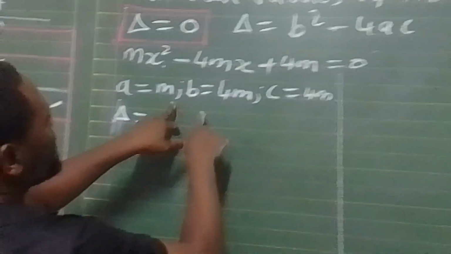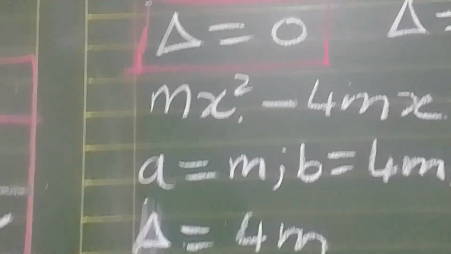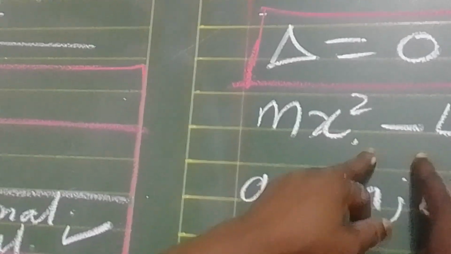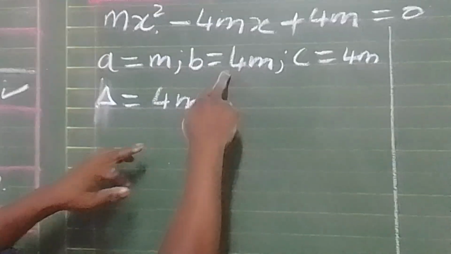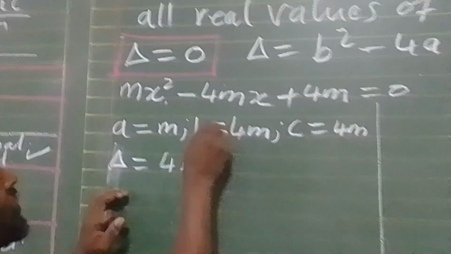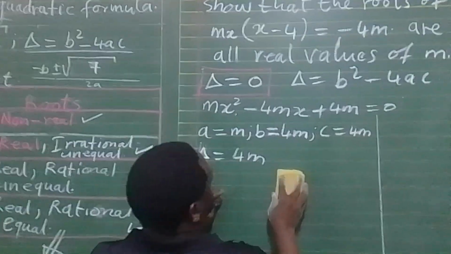Then your discriminant is going to be equal to b squared. Here is your b, minus 4m squared. Sorry, your b is negative. Your b is negative. Yes.